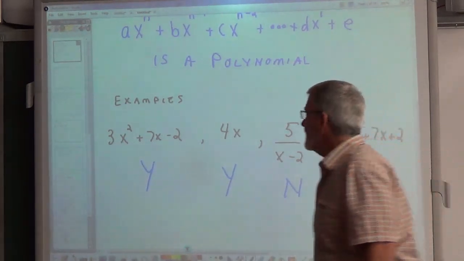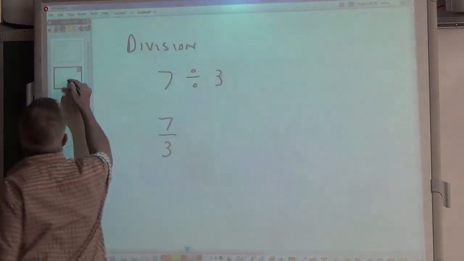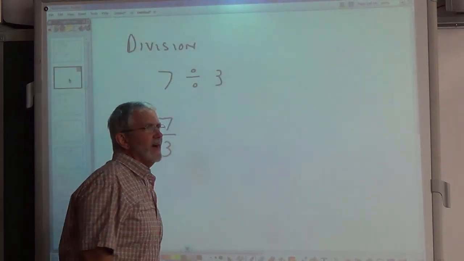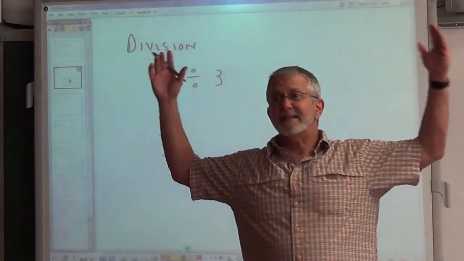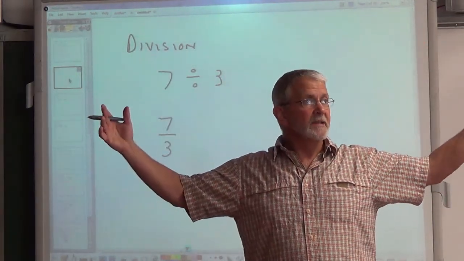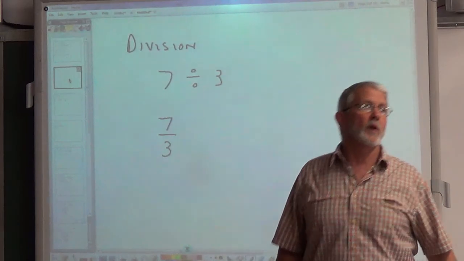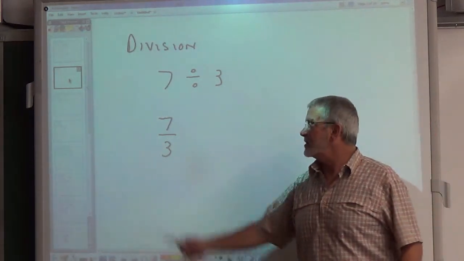Next up, let's talk about some division. 7 divided by 3, who knows what it is? Yes, it is 7/3. But what we want to do is the division here.